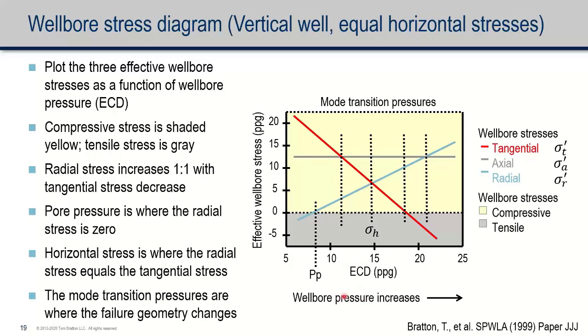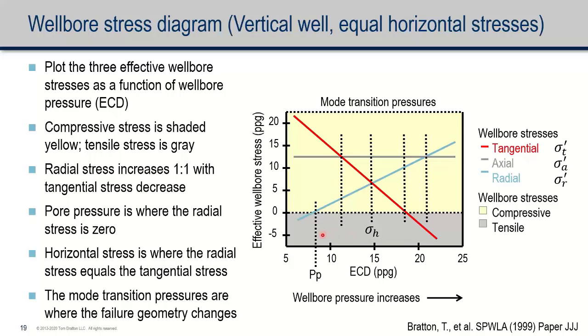But anyway, on the x-axis, low wellbore pressure is on the left, and high wellbore pressure is on the right. The tangential stress is shown in red, the radial stress in blue, and the axial stress in gray. Anything in yellow is compressive stress, where we're pushing the grains of sand together. Pulling them apart is shown in gray, or we use negative numbers for tensile stresses.